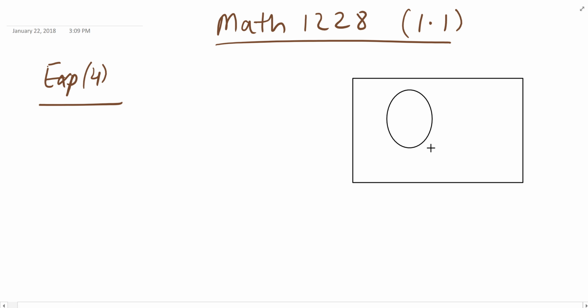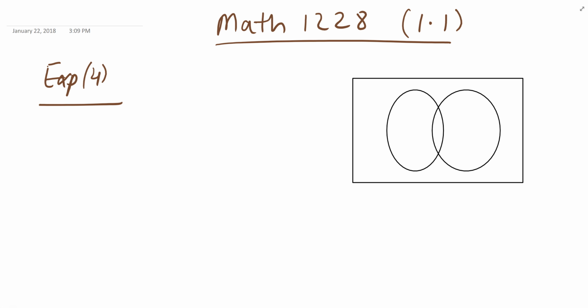So this is one set, and then we have another set right there, right? And we see that there's an intersection. Most of the questions are going to be like that. So universal set, A, that is B, and that is the intersection of A and B.